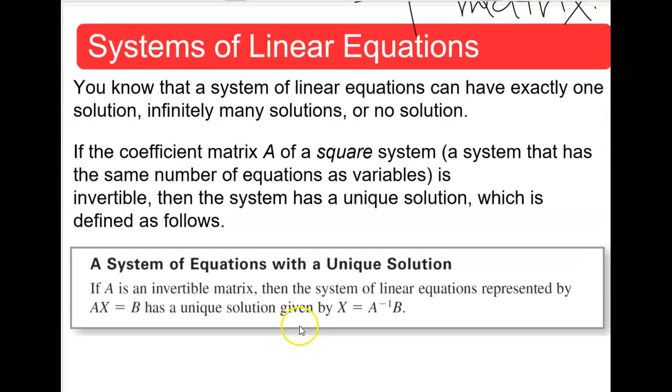One of the applications of inverse matrices is, like we started the section by solving an equation, we use that concept of multiplying by the inverse to solve a system of equations.